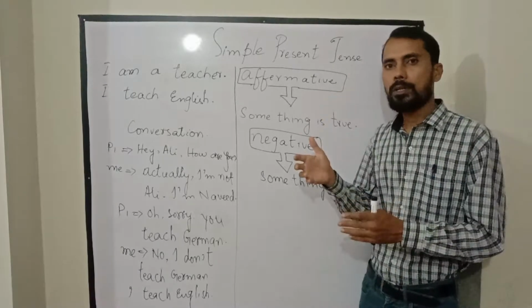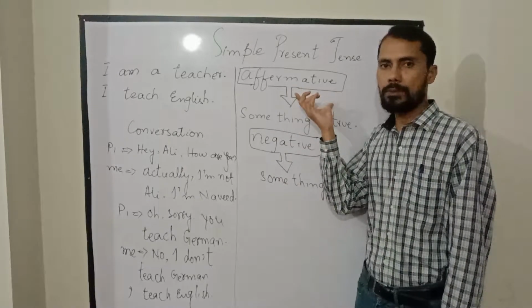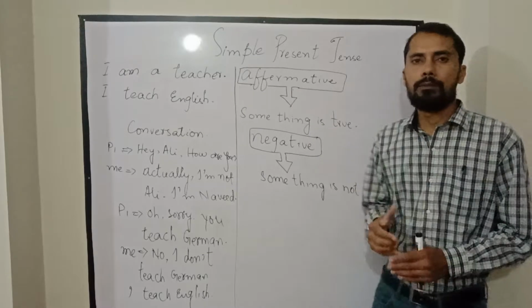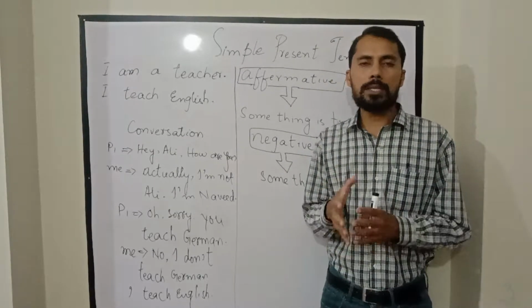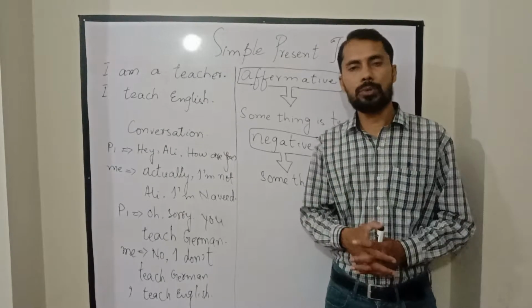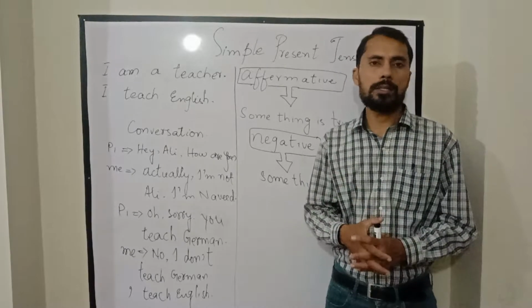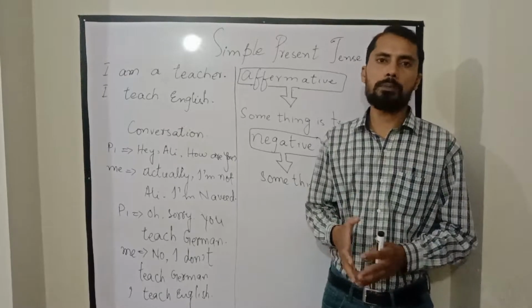In other words, we talk about things which are true in affirmatives. For example, Pakistan has 4 provinces. This statement is true. Imran Khan is the Prime Minister of Pakistan. This statement is true.